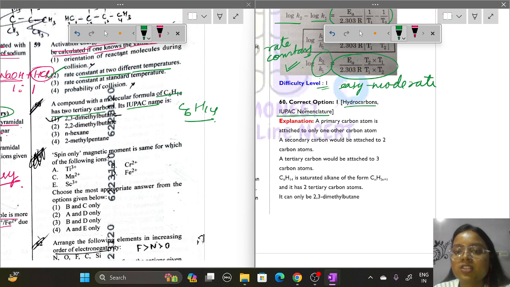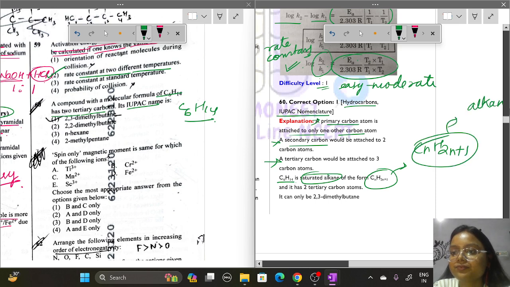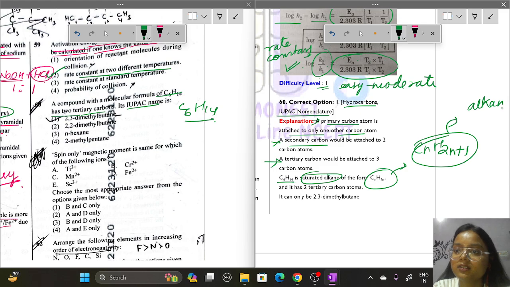For explanation, a primary carbon is attached to only one other carbon. We know what a primary, secondary and tertiary carbon is. C6H14 is a saturated alkane because its general formula comes out to be CnH2n+2.